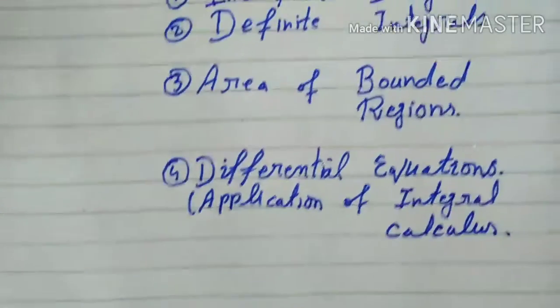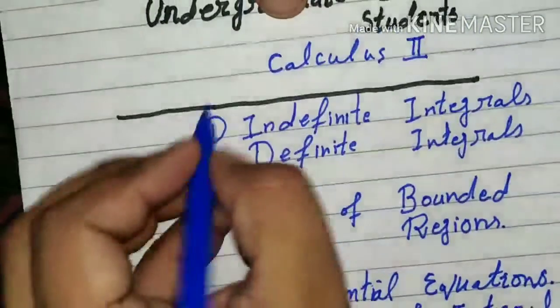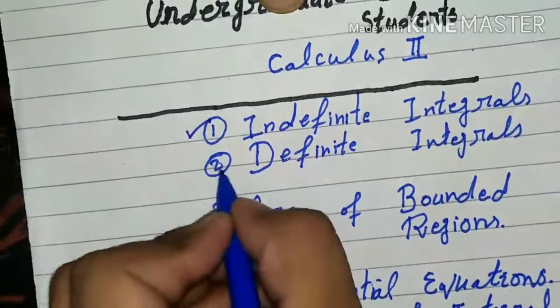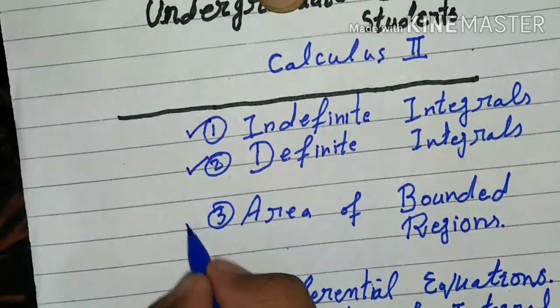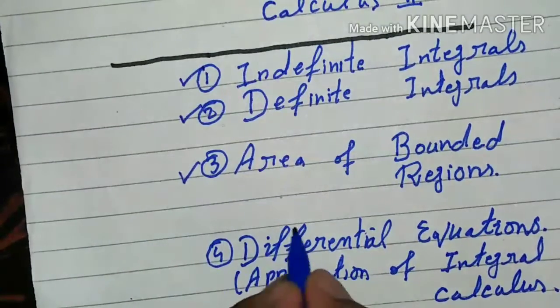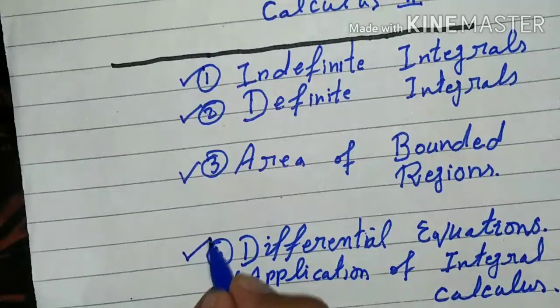So this is our major 4 parts. First is integral calculus, definite integral, area of the bounded regions, and differential calculus.